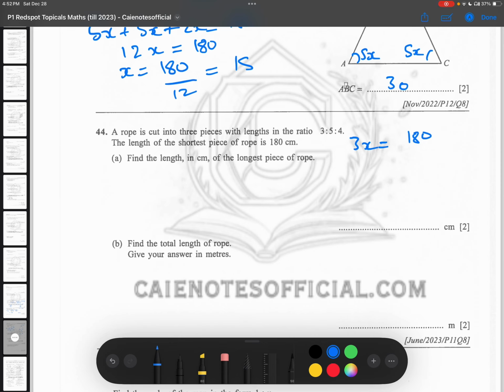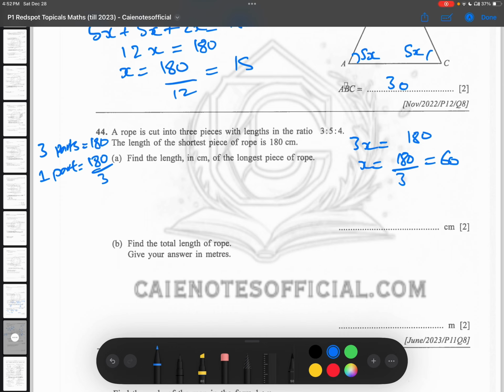So what has happened over here is the smallest piece contains three parts, and the length of these three parts is 180. So if I want to find one part, what you will do is divide 180 by 3. So x means the length of one part. This is equal to 60, the length of one part.